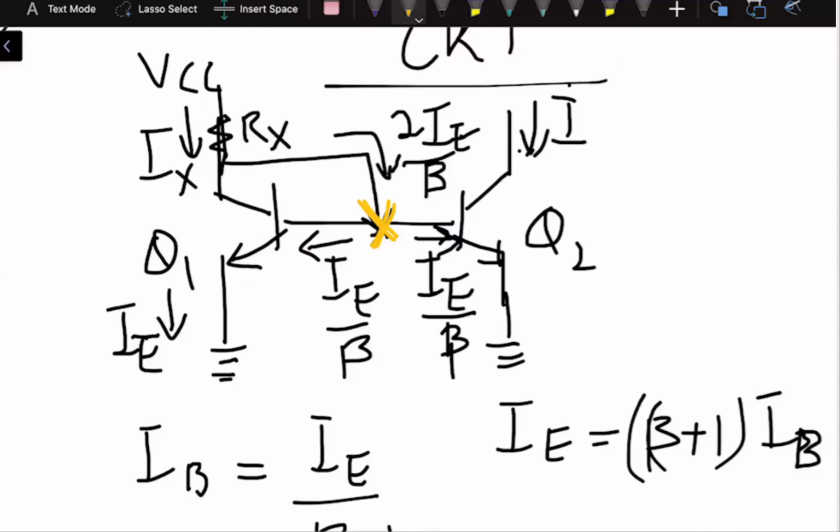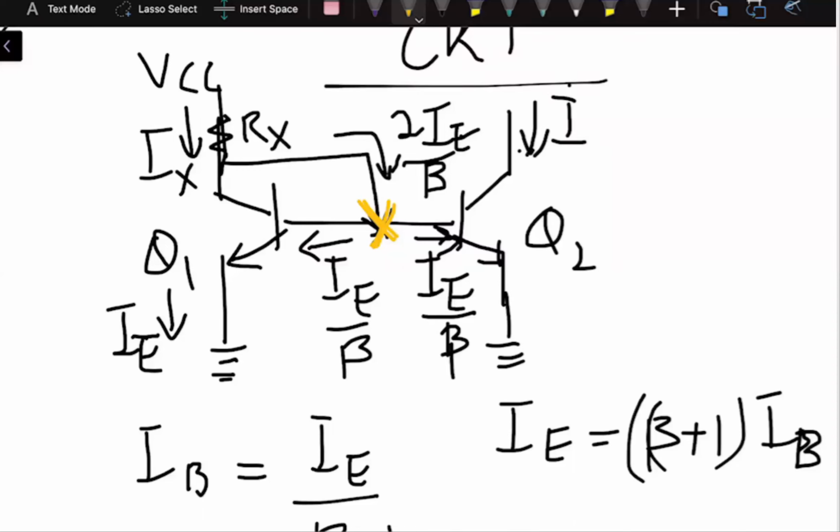So what is going to be the total value of current flowing into that junction? 2IE divided by beta. Right? So the current flowing toward this node will be 2IE by beta.